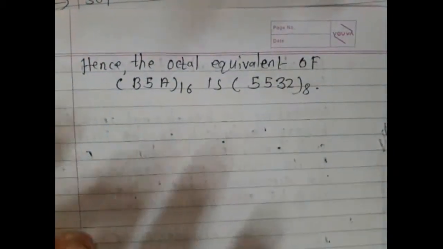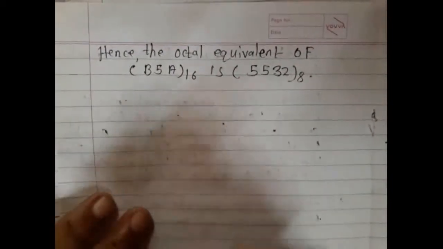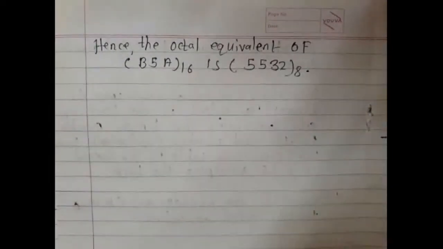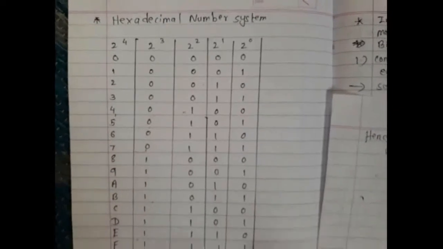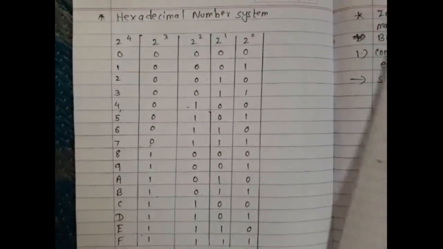Okay, this is the octal equivalent of B5A base 16. Students, like this you have to do with the help of the octal number system chart and hexadecimal number system chart. You have to make that solution.